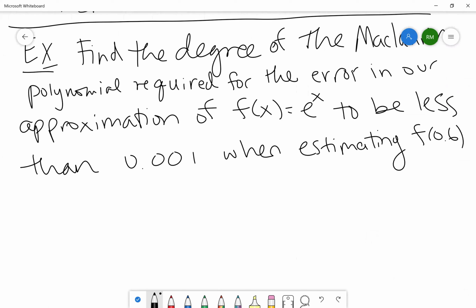Okay, so we want to know how many terms of our Taylor polynomial do we need to be accurate within 1/1000 when we're talking about the exponential function.